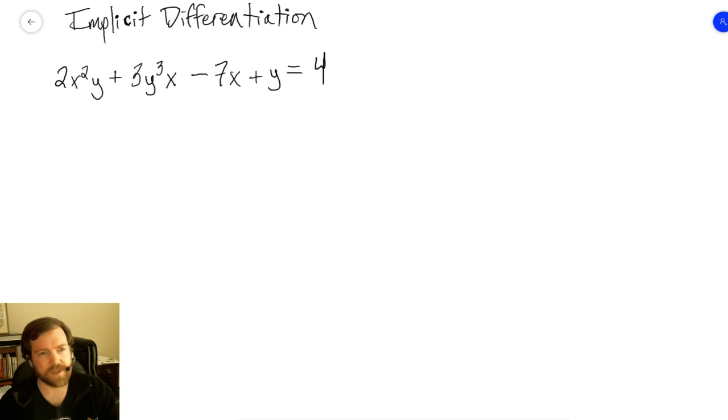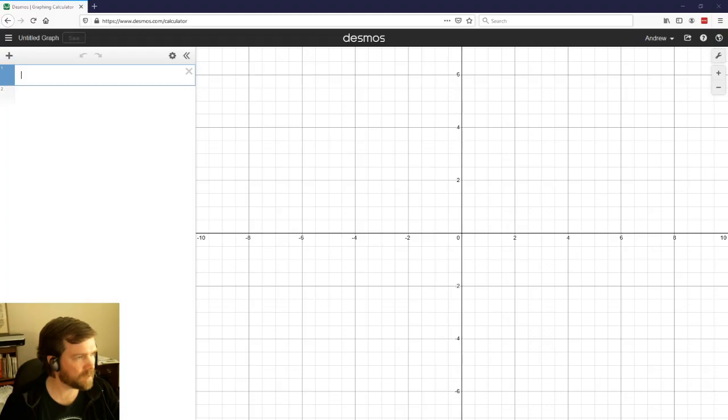So, for instance, you can find a particular point that is on this curve. So I am going to kick up Desmos here and turn it back to display capture.